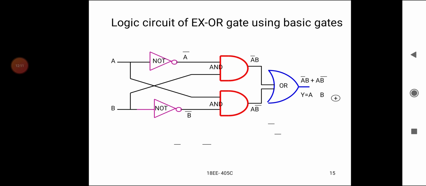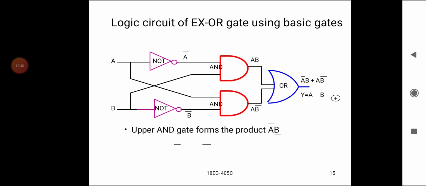These outputs are given to the AND gates. A complement B, it will generate A complement dot B. The other, lower AND gate will generate A B complement. These outputs are fed to the next OR gate, which will generate output Y equivalent to A exclusive OR B, that is equivalent to A complement B plus A B complement.